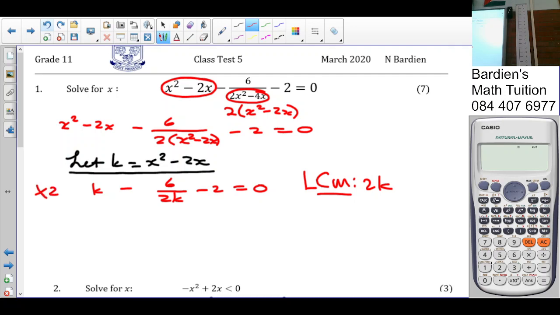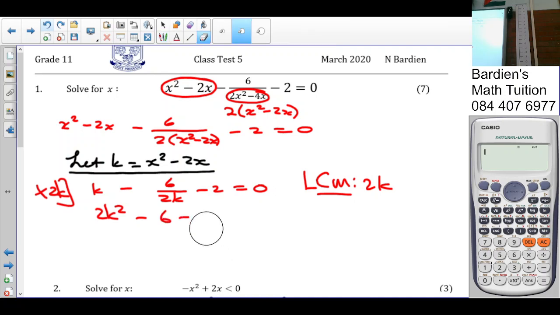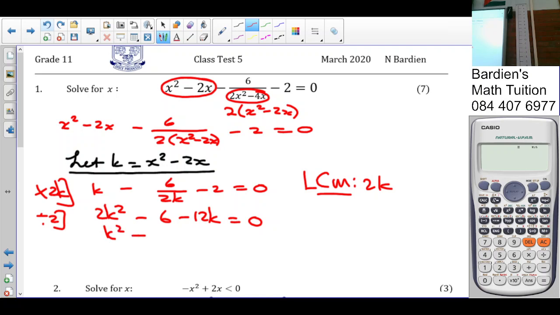You multiply throughout by 2k, it's going to get 2k squared minus 6 minus that's going to multiply by 2k, which is 12k, equals 0. I'm going to divide by 2, and then rearrange, gives me k squared minus 6k minus 3 equals 0.